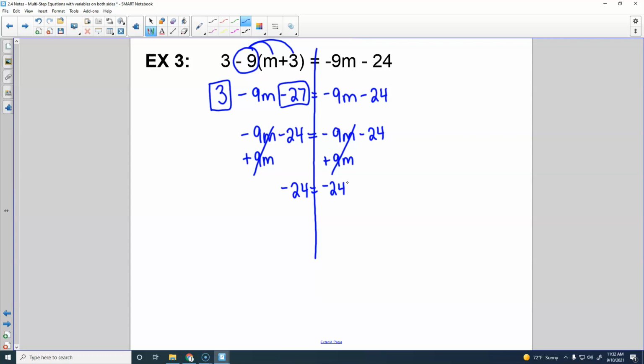Your variable has gone away completely. So, if that happens, and is it true that negative 24 equals negative 24? That is true, right? Then we're going to say infinitely many solutions.